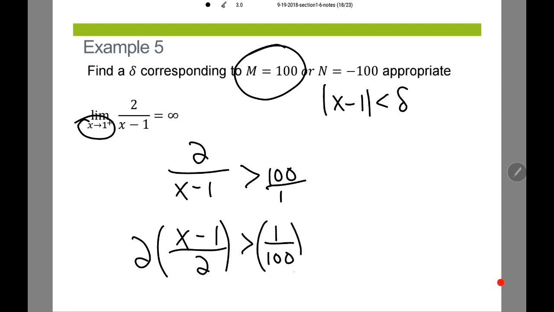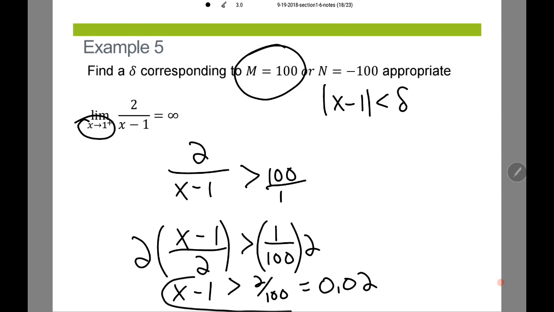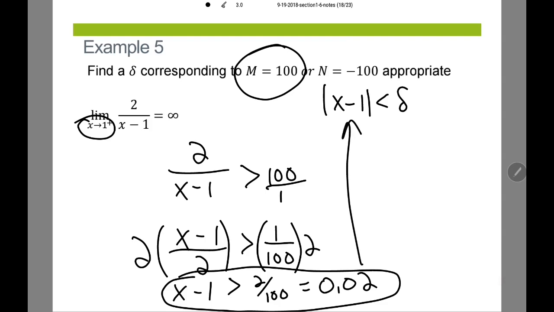When I multiply by 2, my left-hand side is x minus 1, and that's greater than 2 over 100, and 2 over 100 is also equal to 0.02. When we look at this, it matches the definition, x minus 1 less than or equal to delta, so delta has to be 0.02.